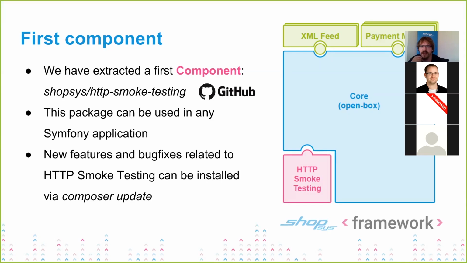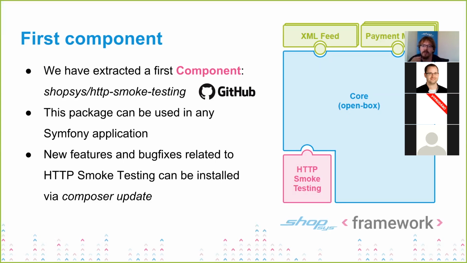Components are a type of packages that the core can be depending on, and they are in the vendor in the read-only state, just the same as plugins. We currently extracted a first component, which you can see on GitHub. It's called HTTP smoke testing, and it can be used in any Symfony application.